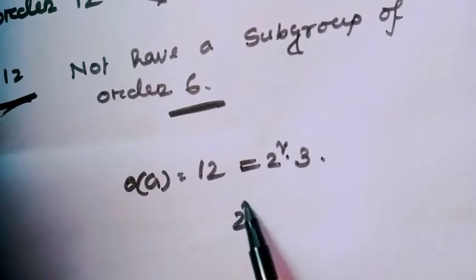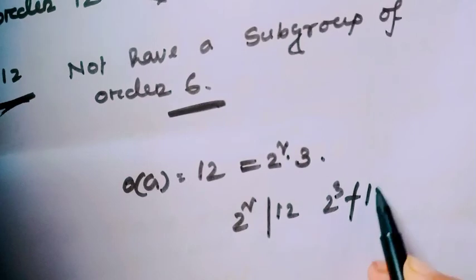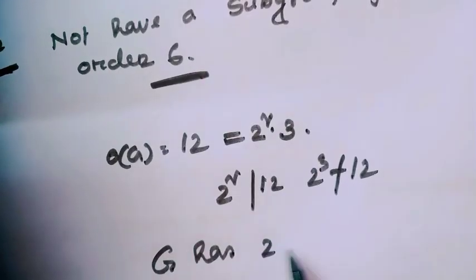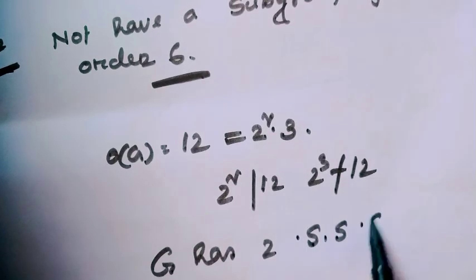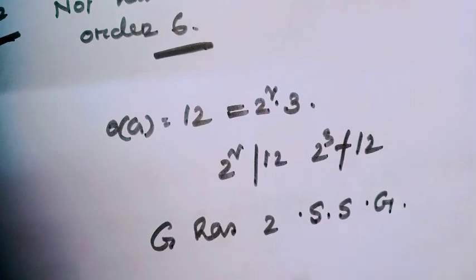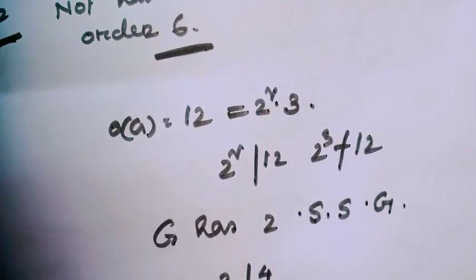Since 2 square divides 12, but 2 cube does not divide 12, G has a 2-Sylow subgroup of order 4 by Sylow's theorem. Similarly, 3 divides 12, but 9 does not divide 12.